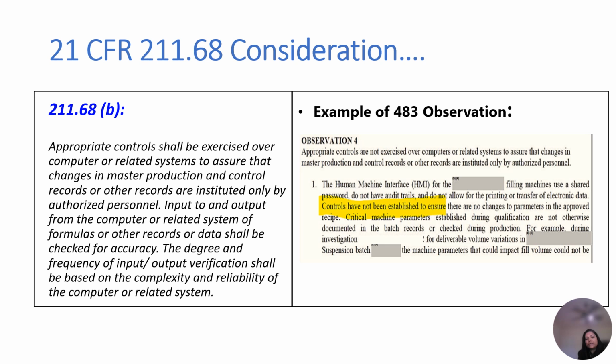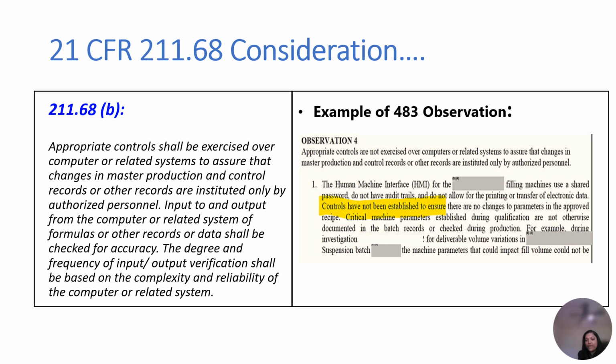Here I have listed another citation per 211.68(b), which talks about appropriate controls over computerized or related systems needing to be exercised by authorized personnel only, where, as I told you earlier in the example of laser drilling operations, a firm must have written procedures to define access controls for operator, supervisor, and administrator.